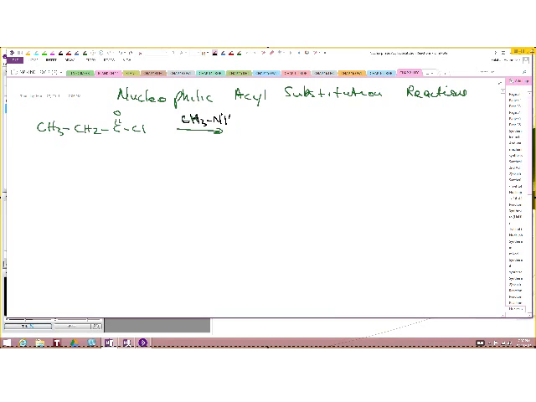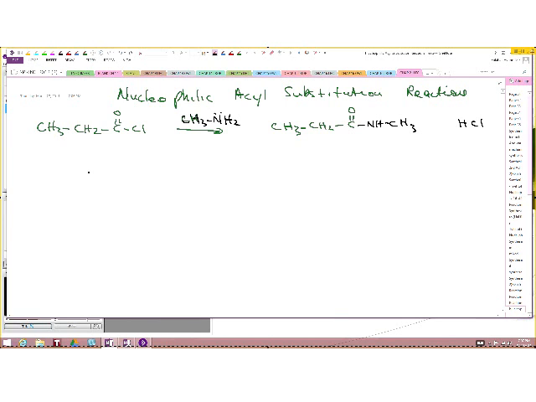All these reactions are basically the same type of reaction mechanism. So what is the mechanism of this reaction?